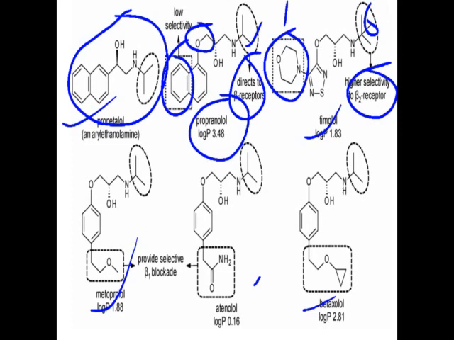What modifications do we have to make so that the drug becomes more beta selective? Such changes, the details regarding the SAR as well as the modifications to increase or decrease selectivity, we will see in the next lecture. Okay, so we will stop here.